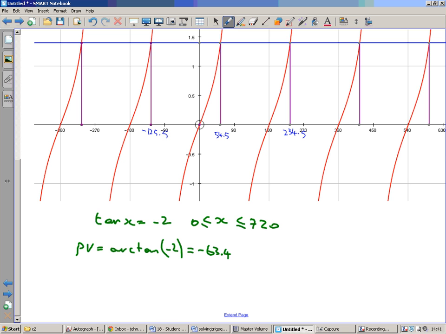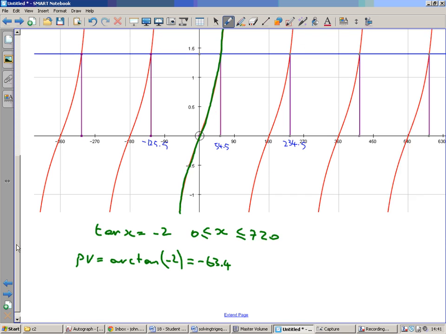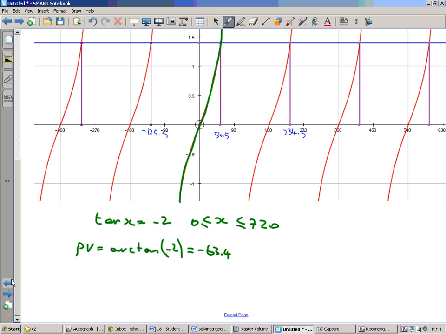Notice the principal value, a bit like with the sine graph, is always a value between minus 90 and 90. It always gives you part of that graph, the first branch of it, like that. So minus 63.4. But in fact, we don't want the minus 63.4, but we can get the other ones very easily by just keeping on adding on 180.